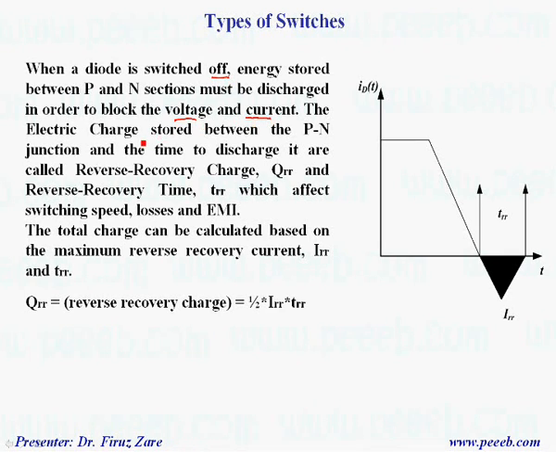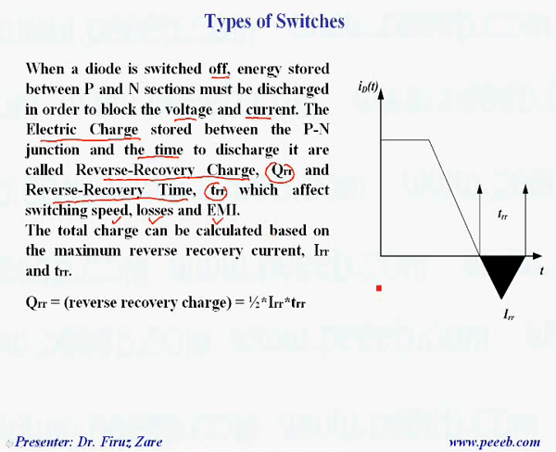So the electric charge stored in the p-n junction and the time to discharge it are called reverse recovery charge and reverse recovery time, which affect switching speed, losses, and EMI.